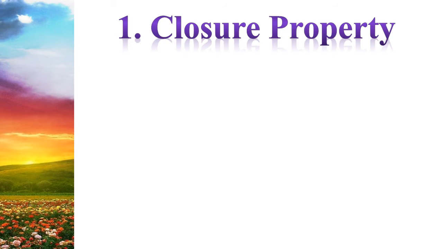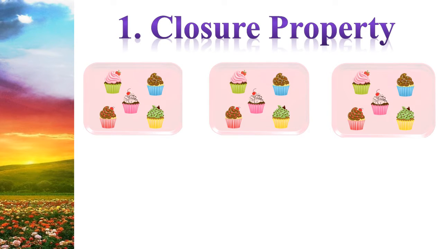So here 3 trays are there. In each tray there are 5 cakes. So now we want to find the number of cakes for 1 tray, 2 trays, 3 trays and 0 tray. So let's find the number of cakes for 1 tray.